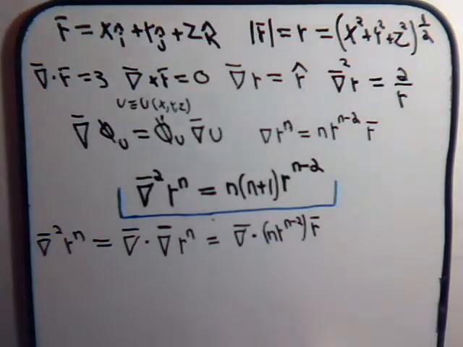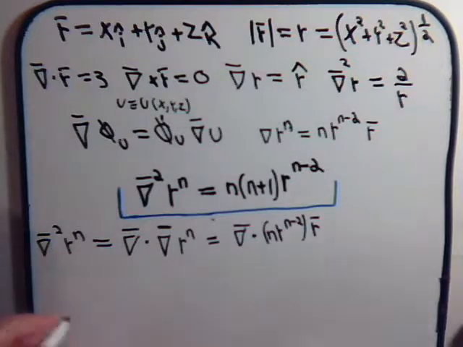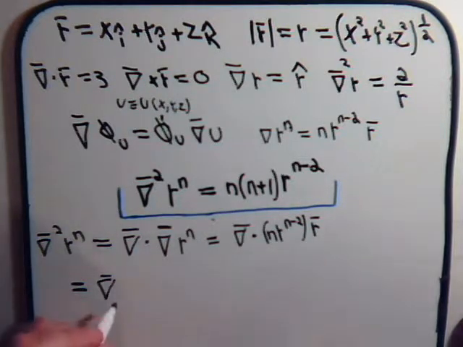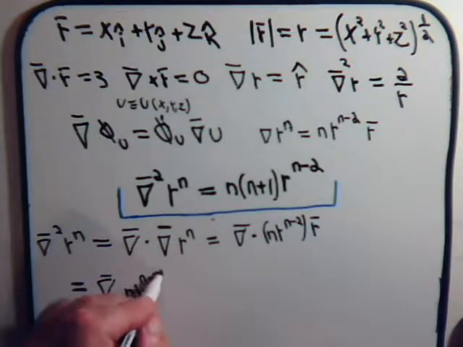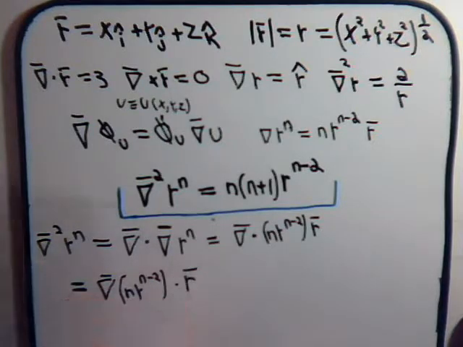And if you watch those previous videos, you know how we handled it, we get this kind of expression. This is equal to the gradient of the scalar, taking the dot product of that with the vector.